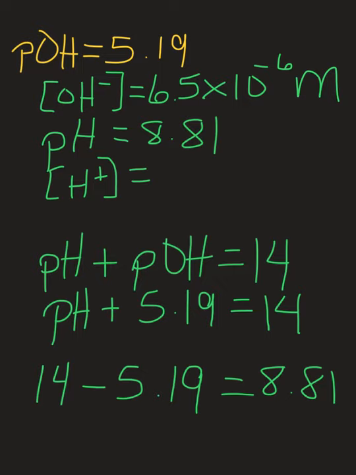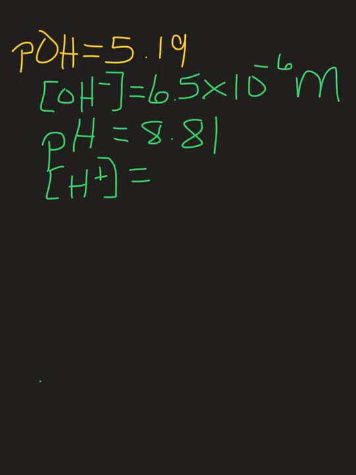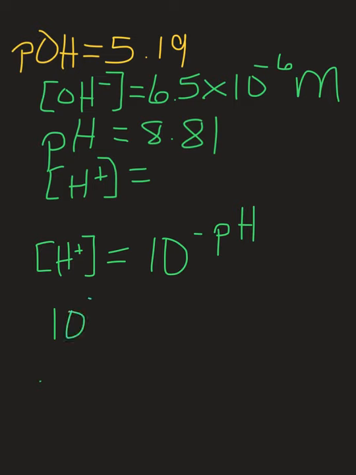Now from there, we can easily figure out hydrogen ion concentration. So once again, what's our formula? We have pH, but we don't know the hydrogen ion concentration. So to get the hydrogen ion concentration, it's simply going to be 10 raised to the power of the negative pH. On your calculator, type out the number 10.